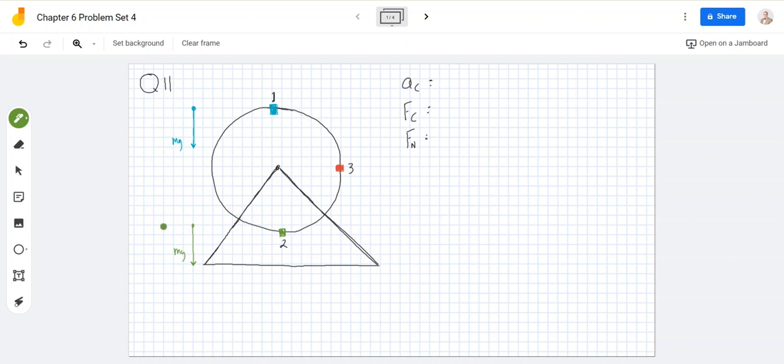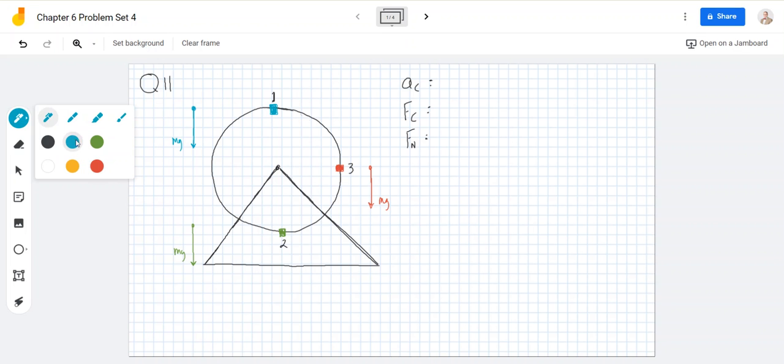Like, your weight doesn't change. But we know he's in circular motion, therefore, the net unbalanced force needs to point toward the center.